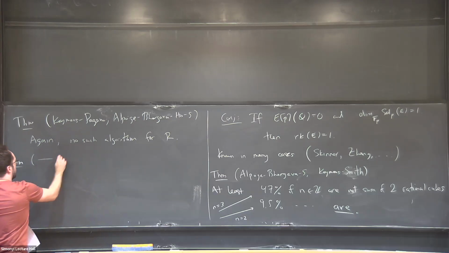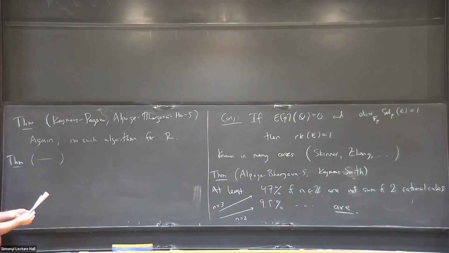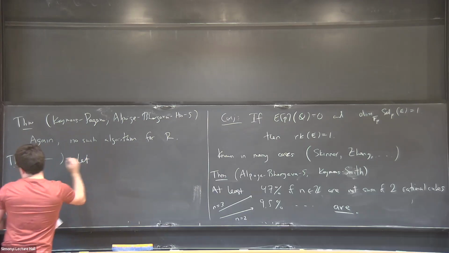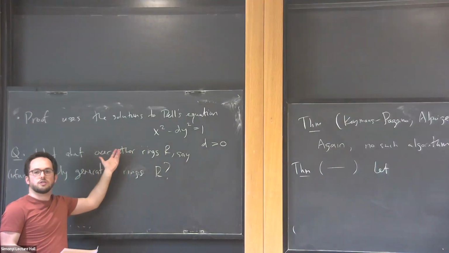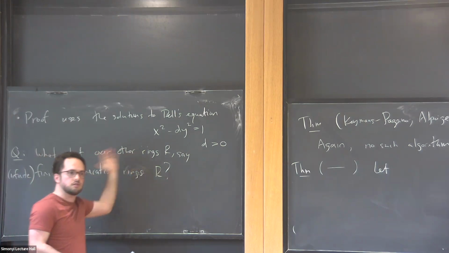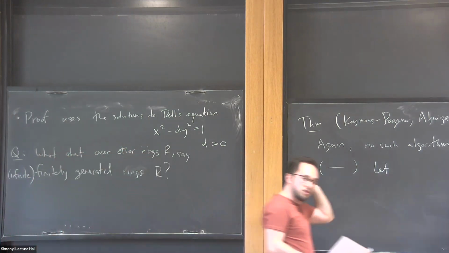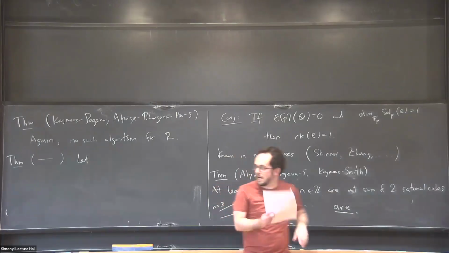So same authors. The theorem is that there's a reduction here: you can reduce to rings of integers of number fields. That's not obvious, but this was shown in Kirsten Eisenträger's PhD thesis.